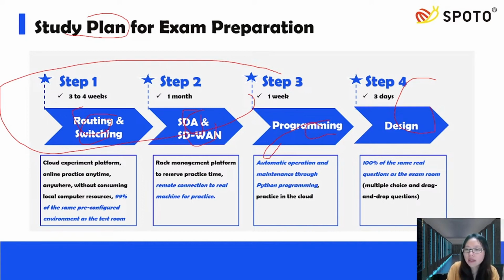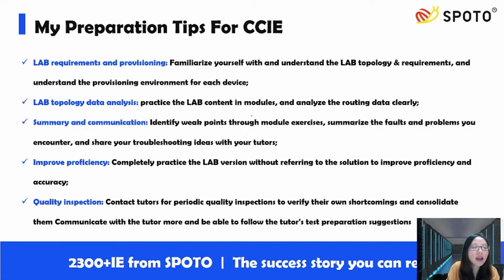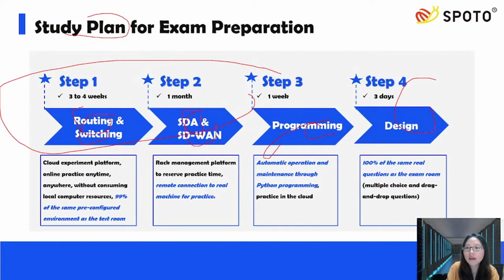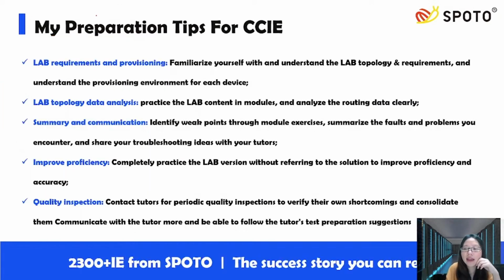These are my exchange experience with CCIE students. First, you should familiarize yourself with and understand the lab topology and the requirements, understand and provision the environment for each device, and analyze the lab topology data. Practice the lab content in the module, analyze routing data clearly.